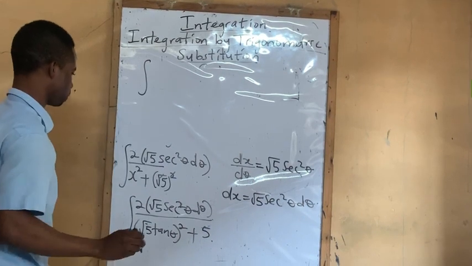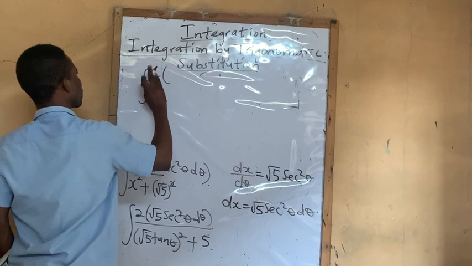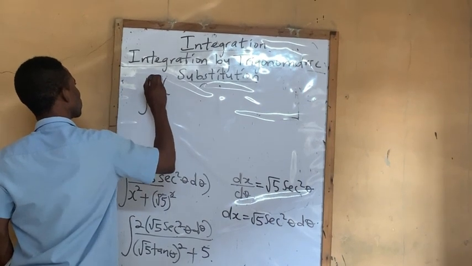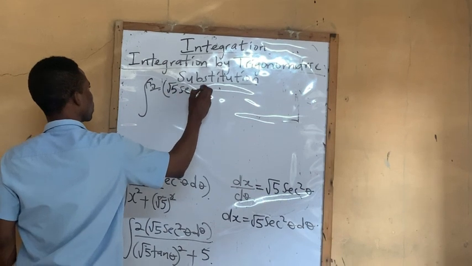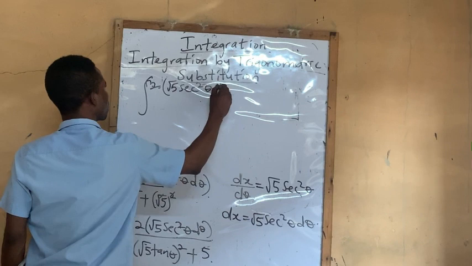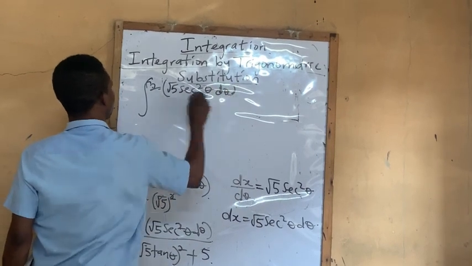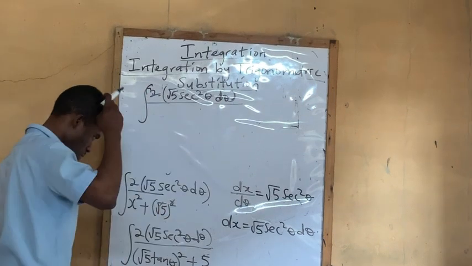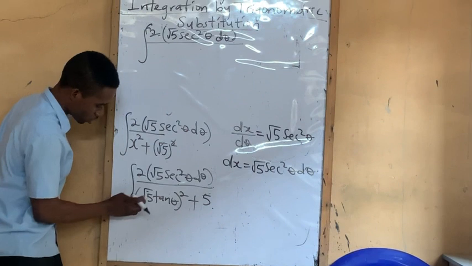That means I'm going to have something like this: integral of 2 into bracket root 5 sec square theta d theta close bracket, all over. This square is for this, and this square will cancel the square root.